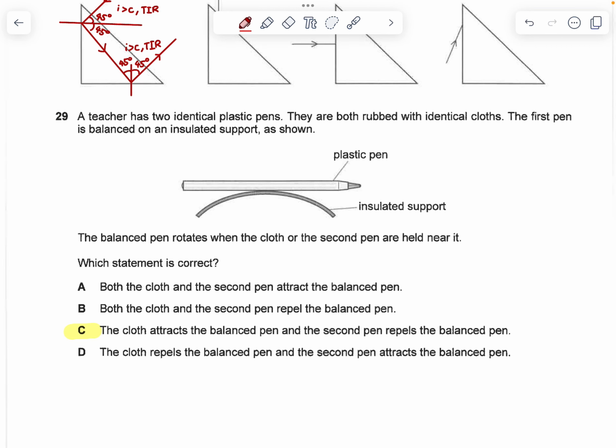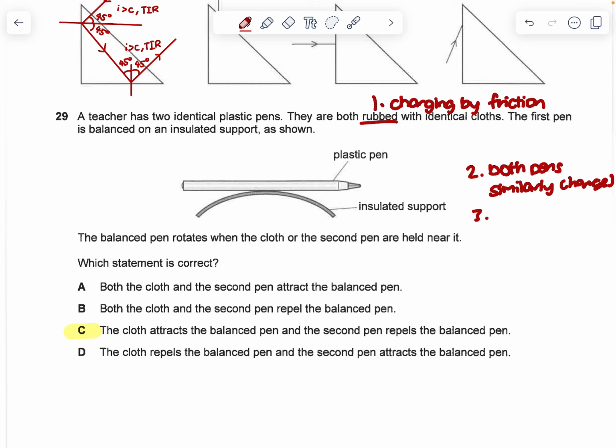Okay, question 29. A teacher has two identical plastic pens. They are both rubbed with identical cloth. Rubbing means charging by friction. The first pen is balanced on an insulating support as shown. The pen rotates when the cloth or the second pen are held near it. Which statement is correct? First, we know it's charging by friction. Since they used the same identical cloth to charge, both pens must be similarly charged.